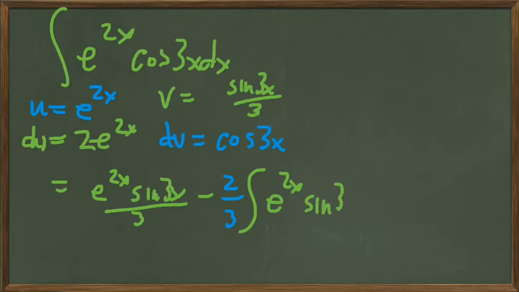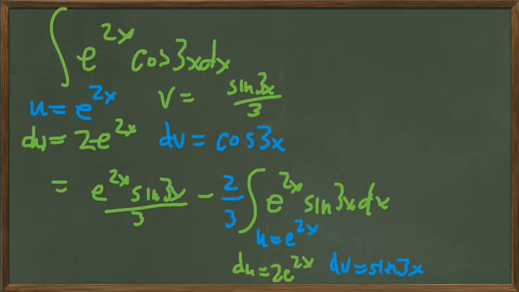And sine 3x dx. So we have to set it up again as a uv. So u is e to the 2x again, and dv is sine 3x this time. Du is again 2 e to the 2x, and v is minus cosine of 3x over 3. So if we bring that across, we get this term right here is repeated.